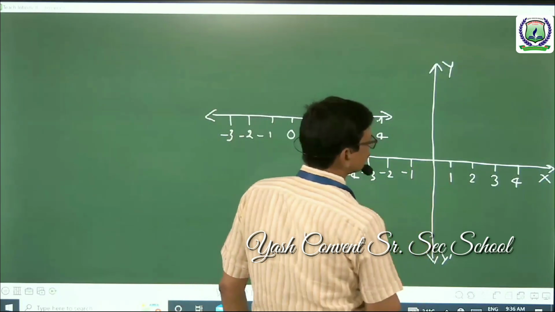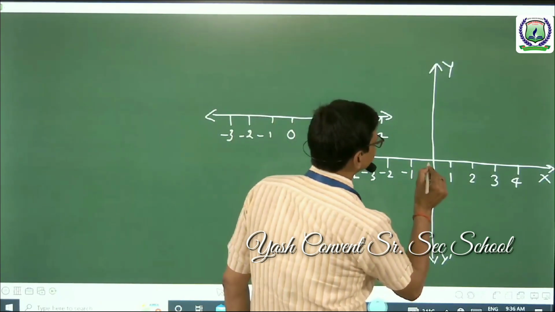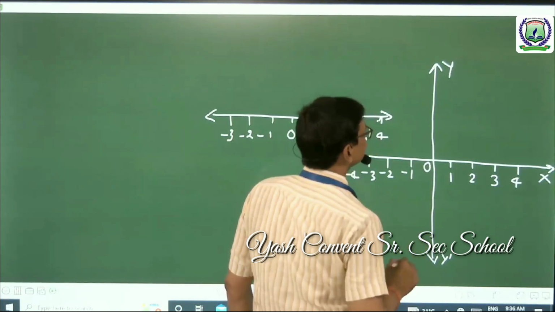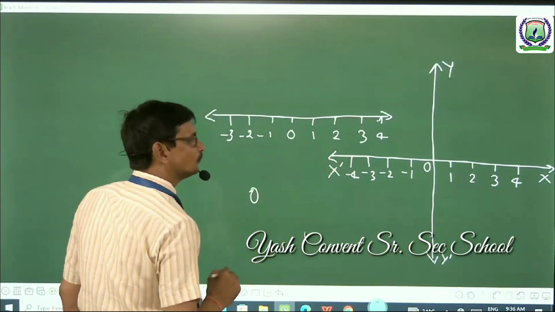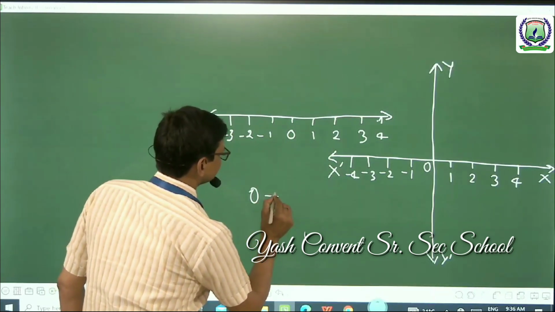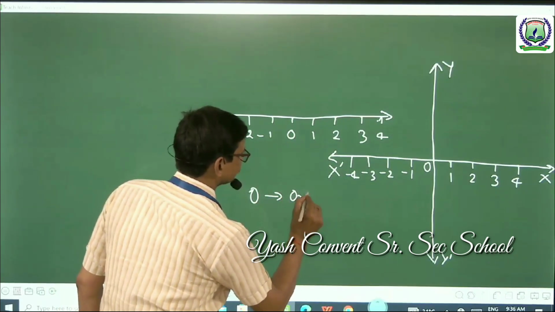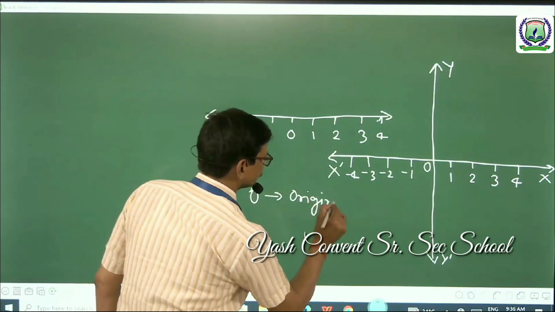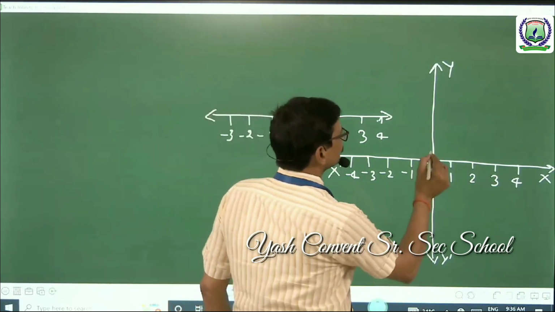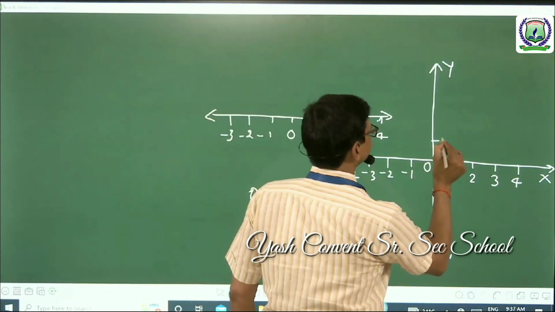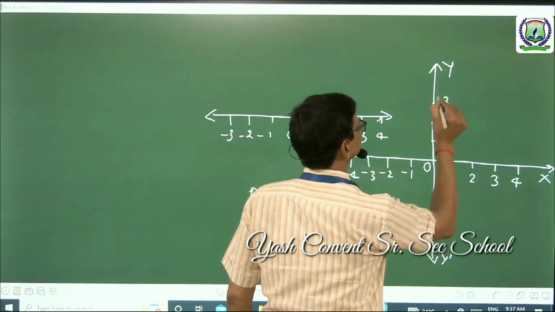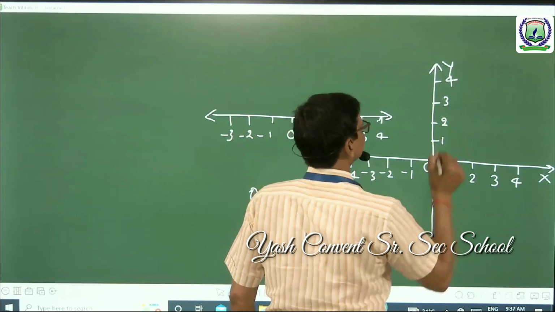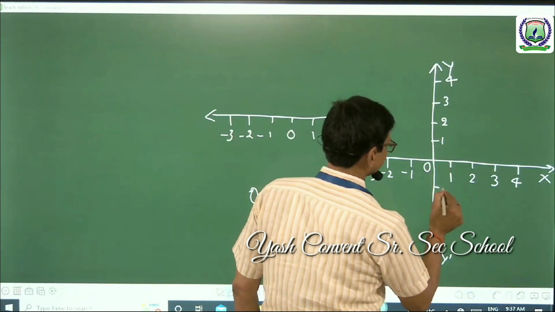The intersecting point is denoted by O and is known as the origin. The upper side has positive numbers and downward is negative.